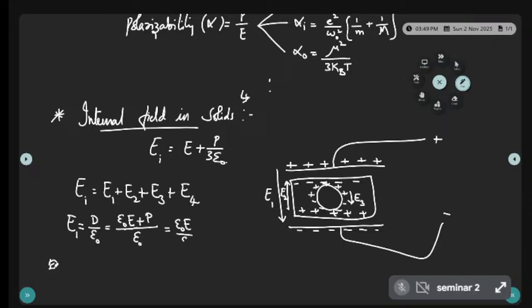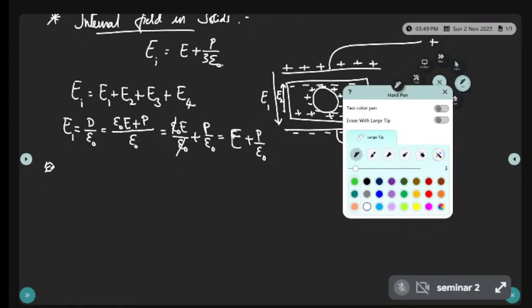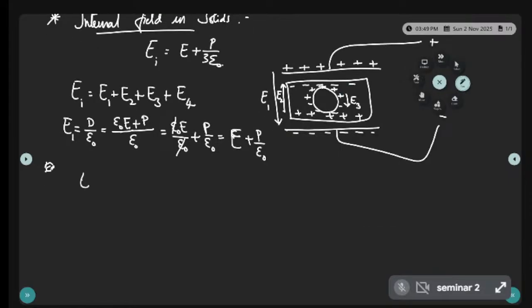Epsilon naught E by epsilon naught plus P by epsilon naught, which is equal to E plus P by epsilon naught. That is the E1 field. Next, E2. E2 is the induced one. And what about the direction of E2 with respect to E1? Opposite. Only polarization we are going to see, which is given by minus P by epsilon naught. Next, E3.